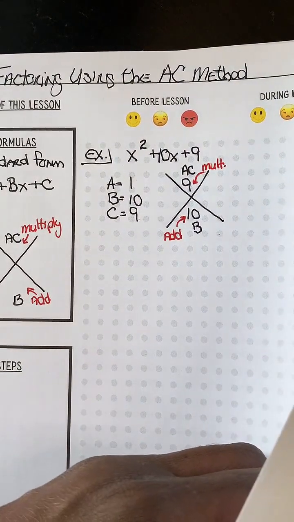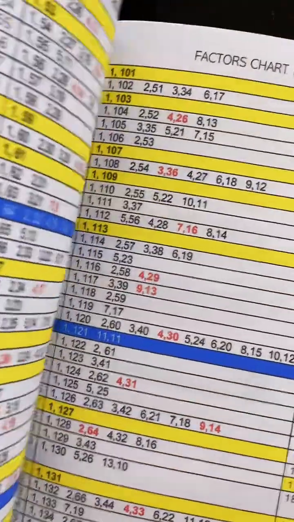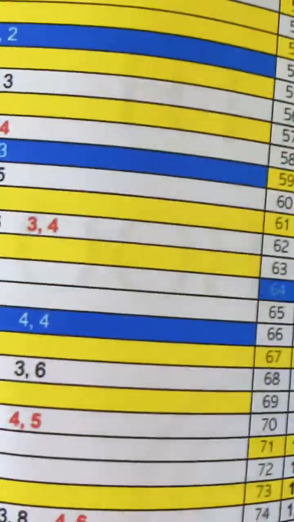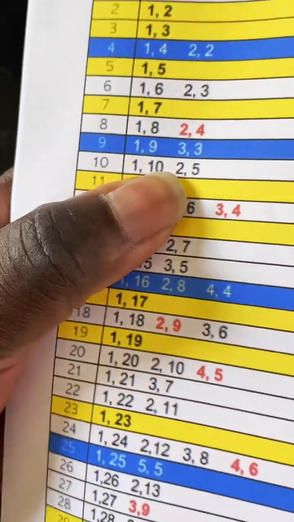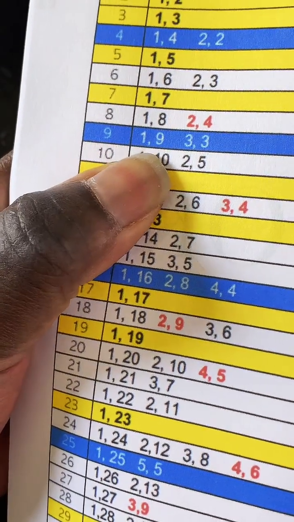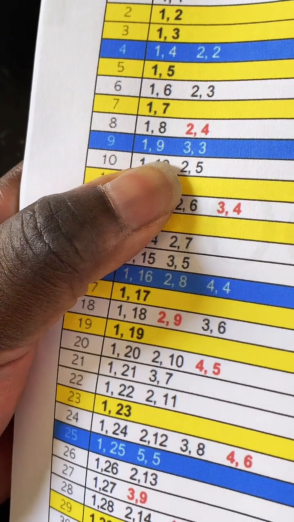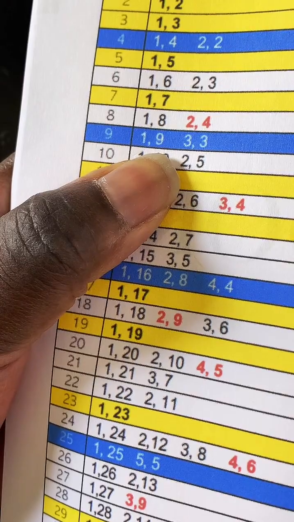So if you're looking for multiples of 9, I go to the back of our notebook and I'm going to go to 9. So 9 is right here. So I got 1 and 9, 3 and 3. If I add 3 and 3, that's going to give me 6.